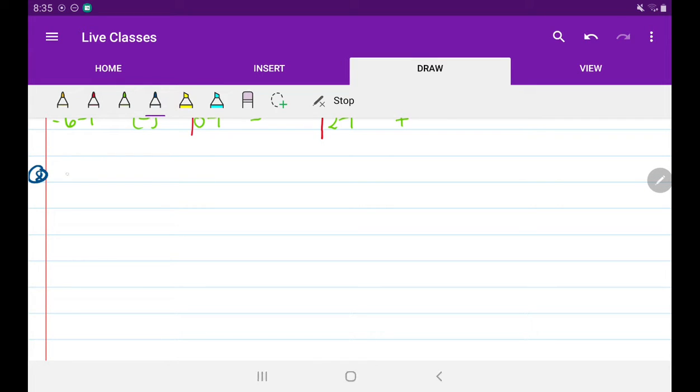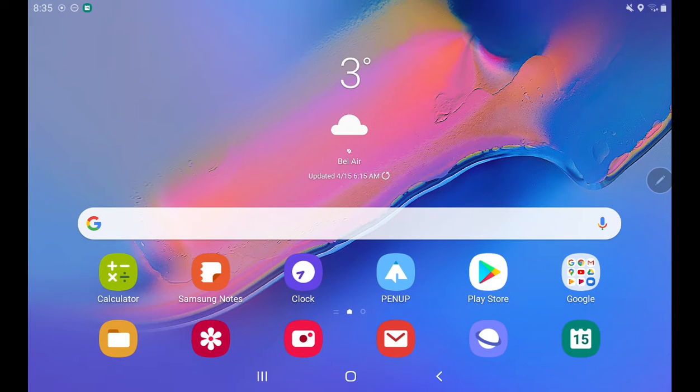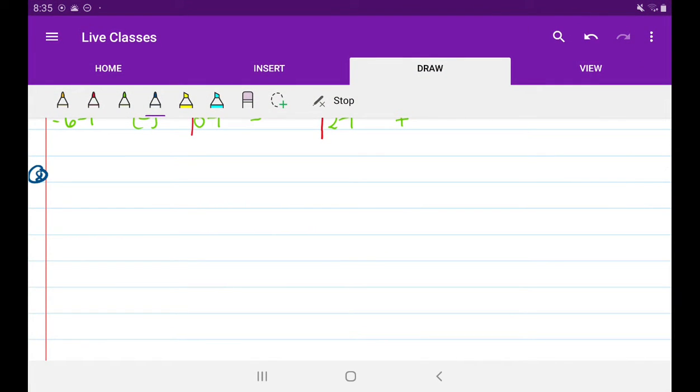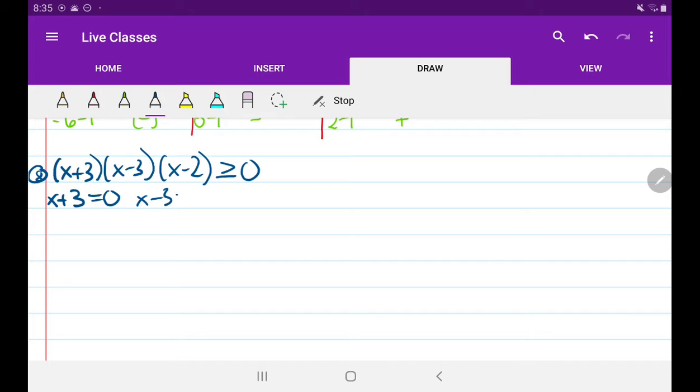So for 8, we have a cubic. We have x plus 3 times x minus 3 times x minus 2 is greater than or equal to 0. So we break all of these up, set them all equal to 0, and then we'll go ahead and solve.